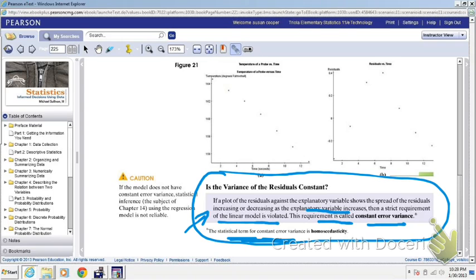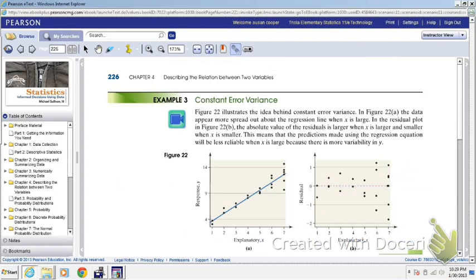I'm going to hit pause and we'll take, what does that mean? So this idea of the spread of the residuals increasing as the explanatory variable increases. If you're a visual person, you need to see it. Remember last time we talked about scatter plots? So here is just a basic scatter plot, x against y.